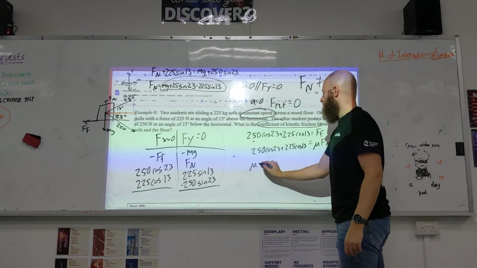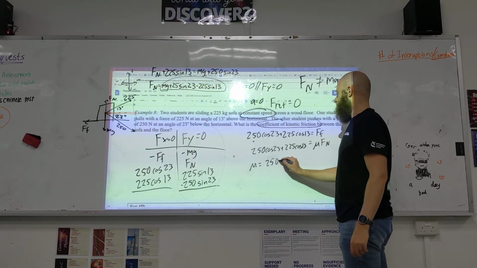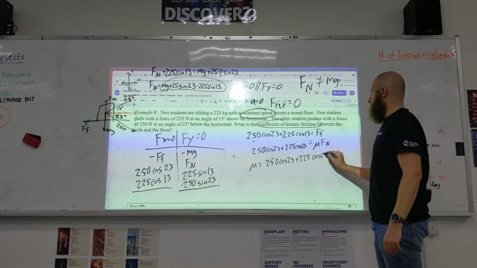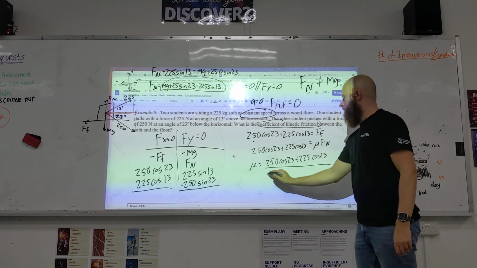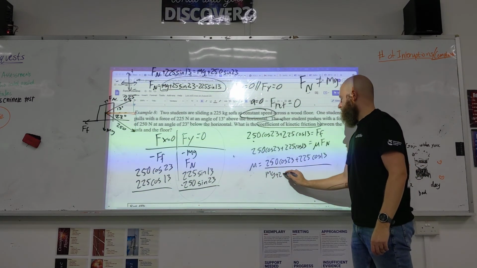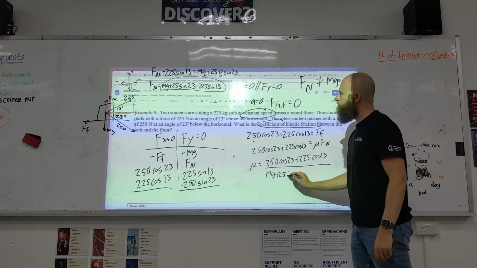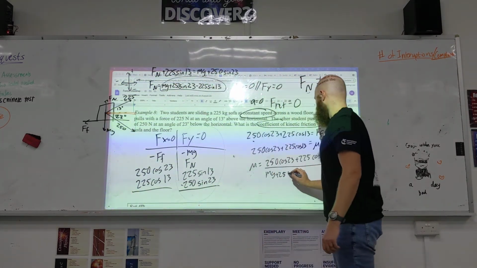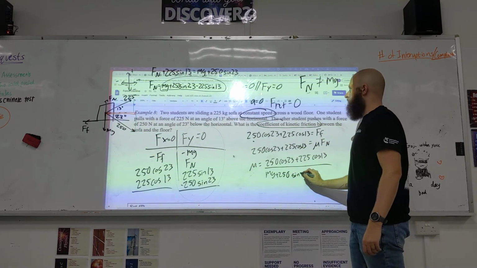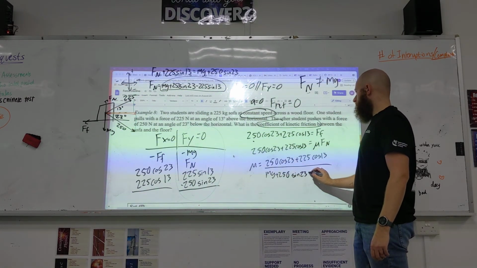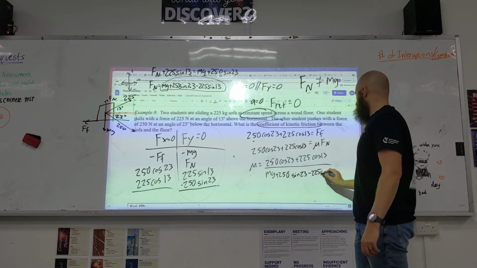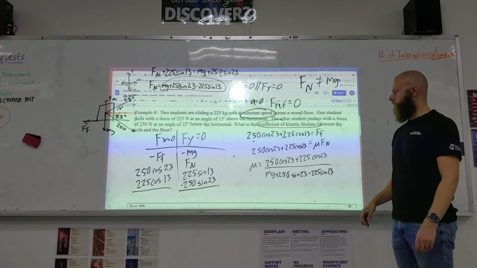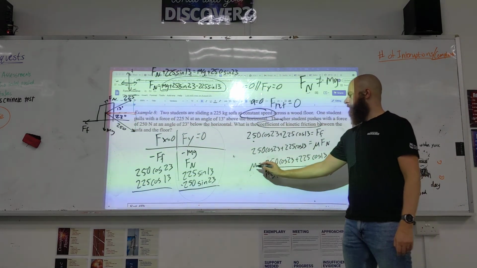So I'll have mu equals 250 cosine 23 plus 225 cosine 13 all over mg plus 250 sine 23 minus 225 sine 13. Okay, and you could plug in numbers and get an actual number. Okay, but this would solve for our mu.